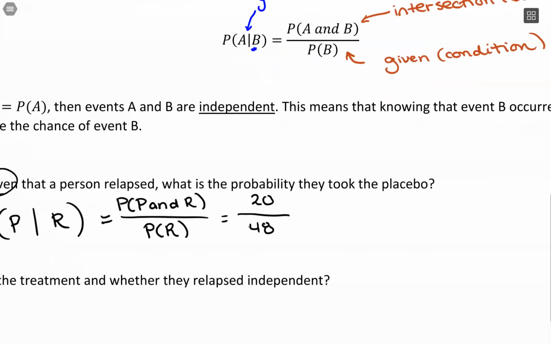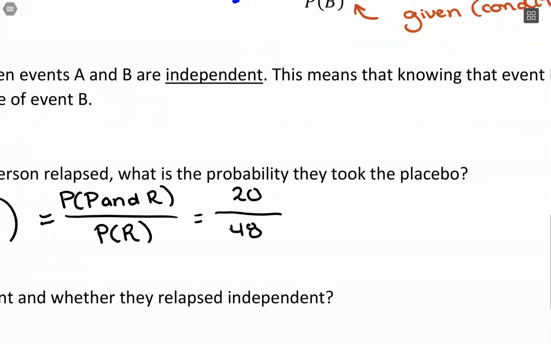Technically, something that's going on here that we don't need to worry too much about, but just in case you're seeing this disconnect between that numerator is asking for a probability and we're just plugging in a whole number, but probability should always be between 0 and 1. Technically, this probability of having the placebo and relapsing would be 20 out of 72. And that denominator, probability of relapsing, would be 48 out of 72.